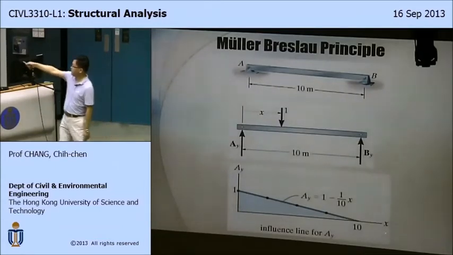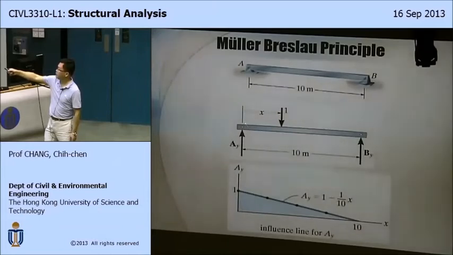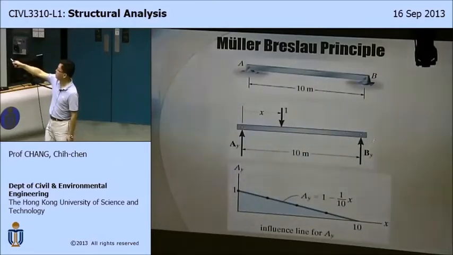For this influence line, you can imagine that all I need to do is properly move this point upward with a unit of 1 while constraining this point. It's just like rotating the structure with this point fixed, with a unit of 1.